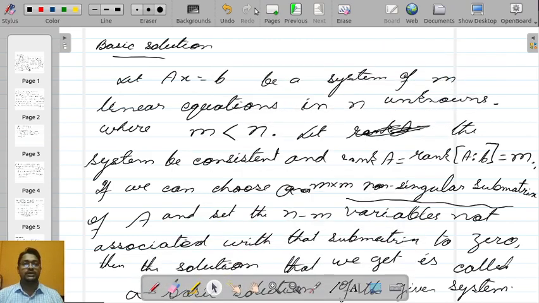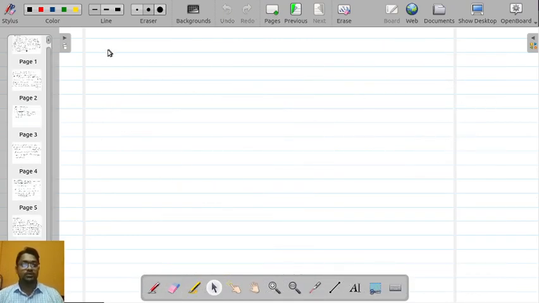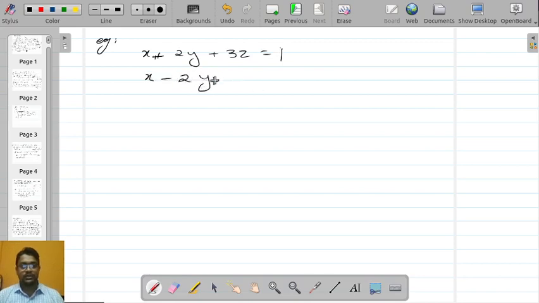So for example, let us try one. Say x plus twice y plus 3z equal to 1, x minus twice y minus 3z equal to 2.